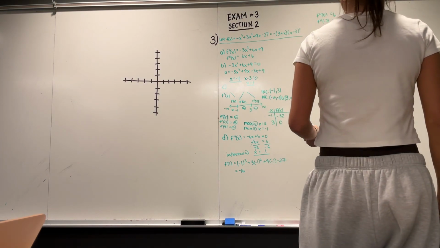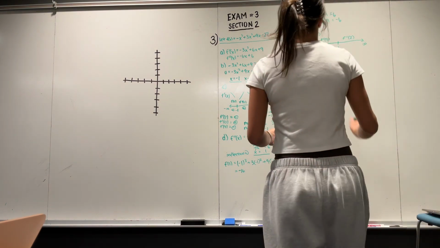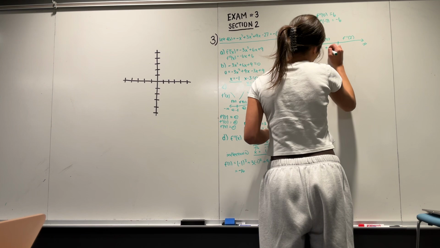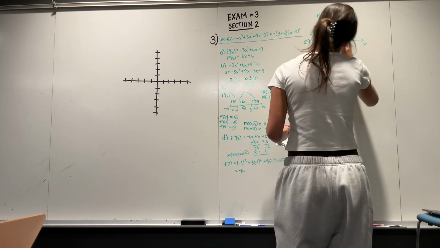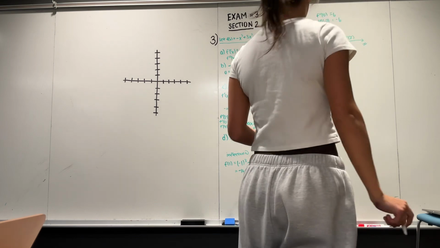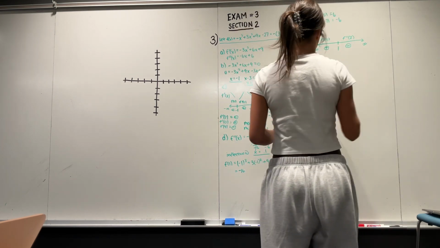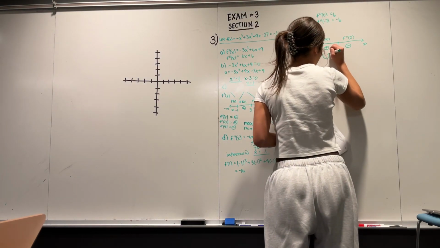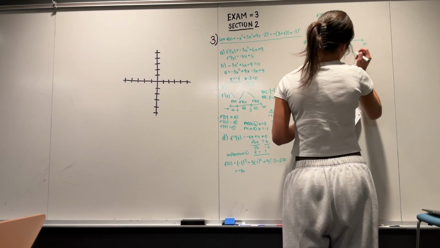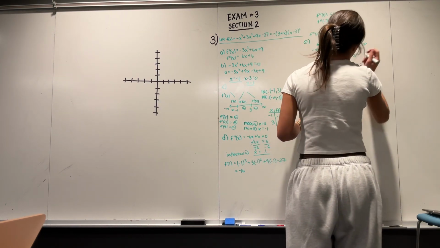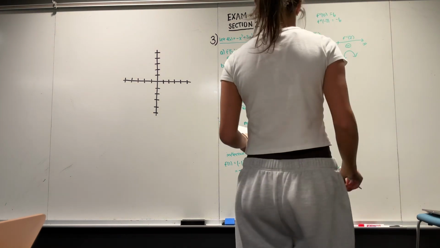So now we know that f double prime of 0 is going to be positive, and f double prime of 2 is going to be negative. If it's positive, this will be concave up, this little section right here. And the second derivative is negative, that means it's going to be concave down.